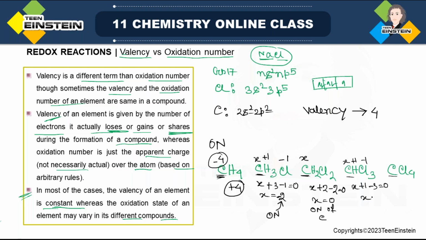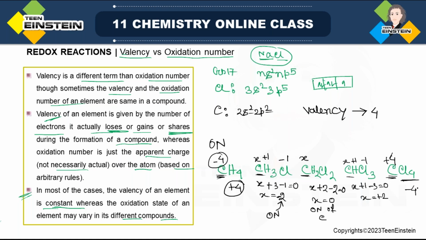So in this case now we are getting a positive value of oxidation number. And for the last one, now there is no hydrogen. We have only 2 elements, so we don't have to do calculation. Total negative charge is -4, which is coming from chlorine. So the total positive charge must be +4, so that the whole molecule is neutral.